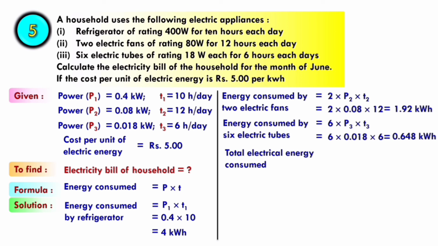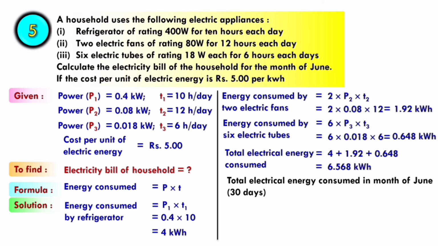Now what is the total electrical energy consumed? Now add all the electric energy consumed. So after adding all the energy consumed, we will get 6.568 kilowatt hour. Now see how many days are there in the month of June? 30 days. So energy equal to 6.568 kilowatt hour into 30.